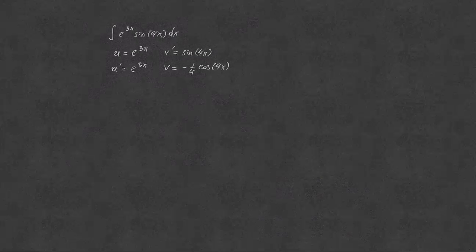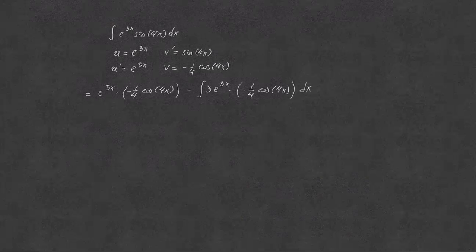And then substituting these expressions into the integration by parts formula, we get that this integral is equal to e to the 3x times negative 1/4 cosine 4x minus the integral of 3 e to the 3x times negative 1/4 cosine 4x dx.